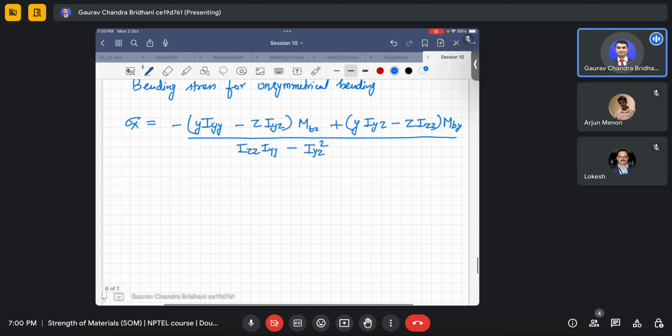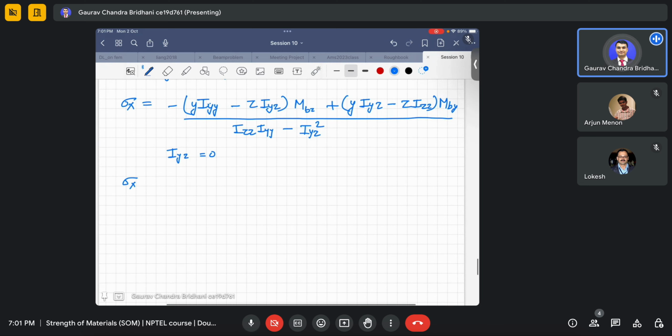Now we know I y z is 0 in our case. So I y z being 0, this becomes sigma x is equal to minus y into I y y m b z, plus z into, so it will be not plus, again it will be a minus, something like that, I z z m b y, totally divided by I z z into I y y.